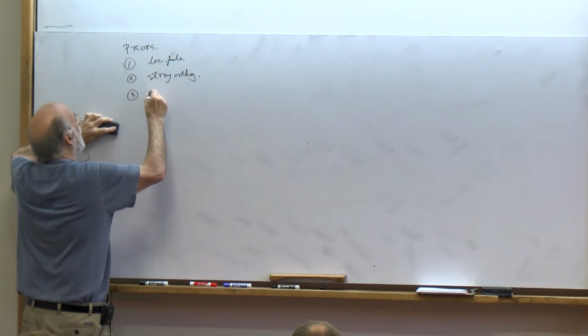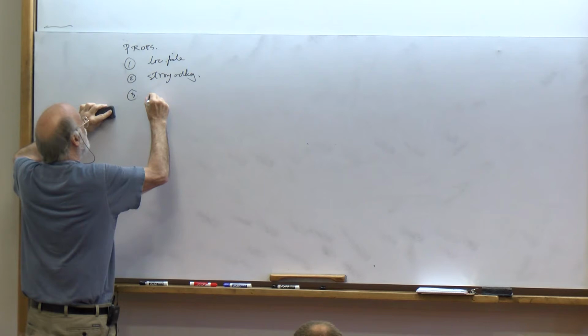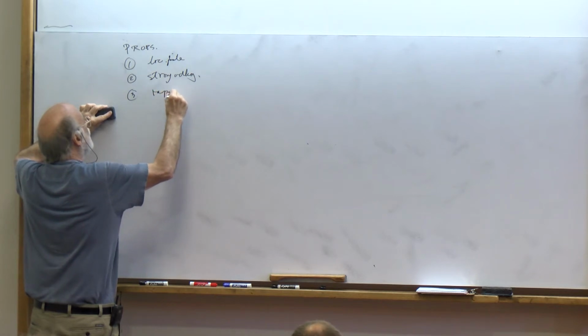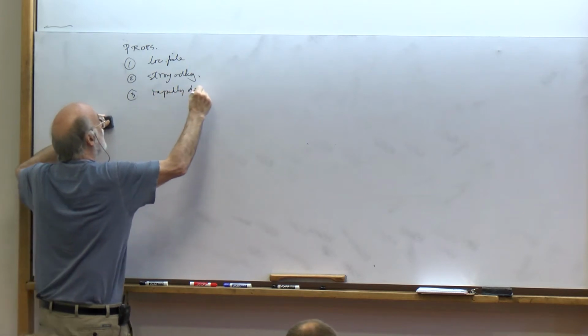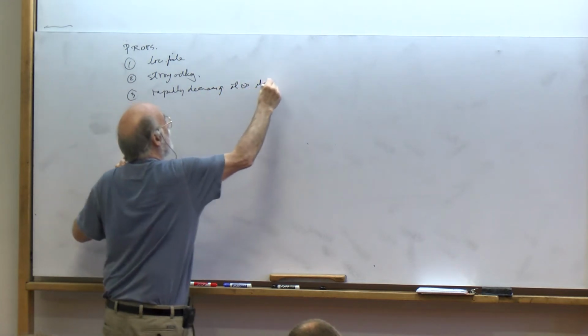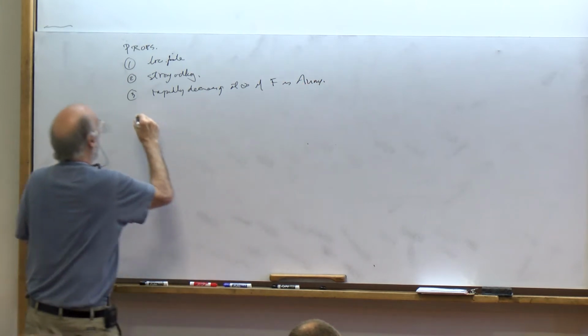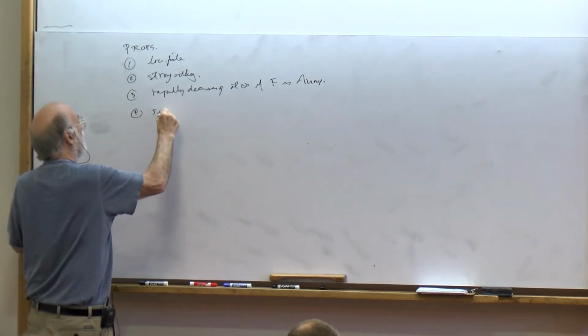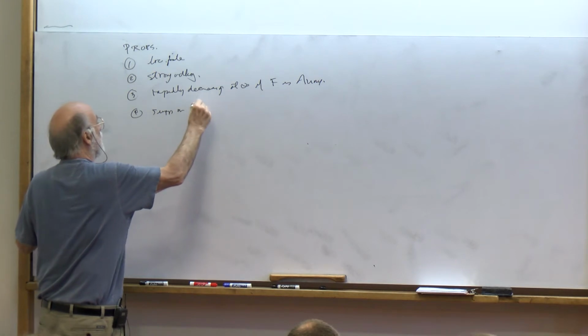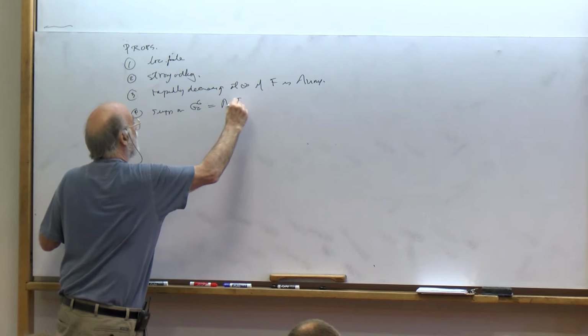Three, rapidly decreasing at infinity, if f is of uniform moderate growth. And four, support on G implies truncation of f equals f.